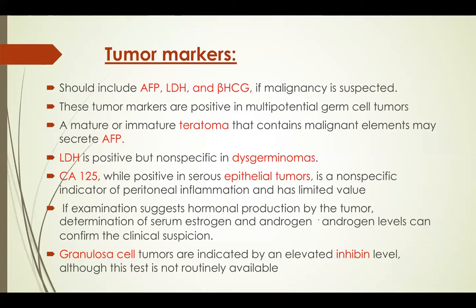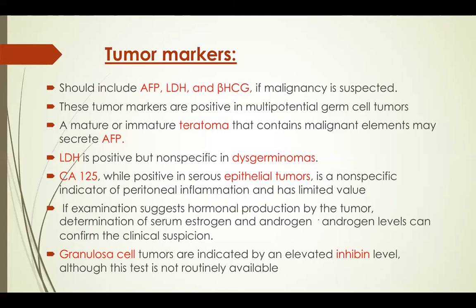Mature or immature teratoma that contain malignant elements may secrete alpha-fetoprotein. LDH is mainly positive in dysgerminomas, but it is not specific. CA125 is positive mainly for epithelial tumors, but it's not specific because it can be an indicator for any peritoneal inflammation or GI malignancies.